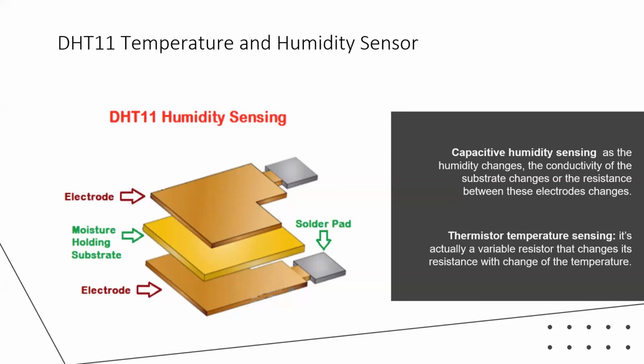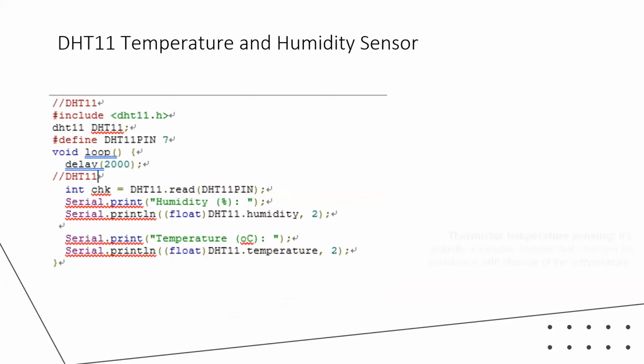First, we use a DHT temperature and humidity sensor. That's capable of sensing the humidity and temperature changes via the voltage changes in the presence of humidity and temperature change. So here is our code for the sensor.